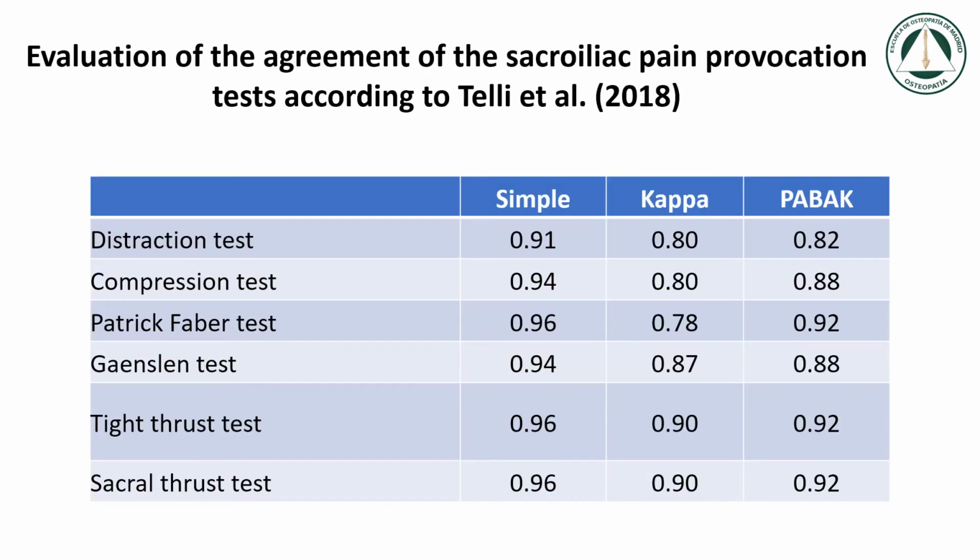According to Telly et al. 2018, most of the sacroiliac pain provocation tests have limited reliability and validity by themselves, whereas a multitest group consisting of sacroiliac joint pain provocation tests is a reliable method, and these tests can be used in place of unnecessary invasive procedures.